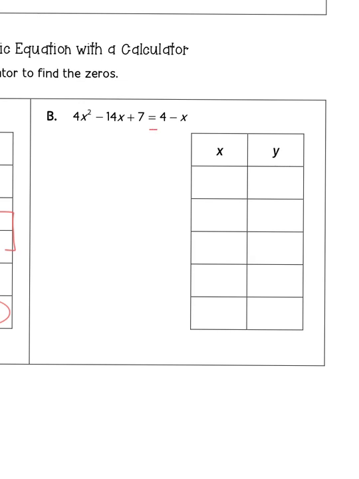So I'm going to subtract 4 and add x. And so that gives us 4x squared minus 13x plus 3 equals y.